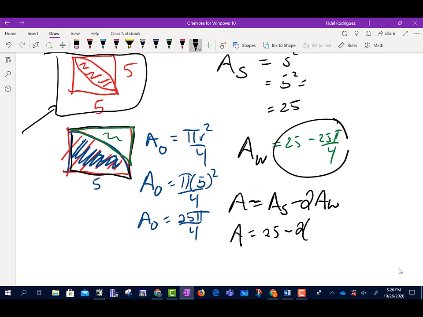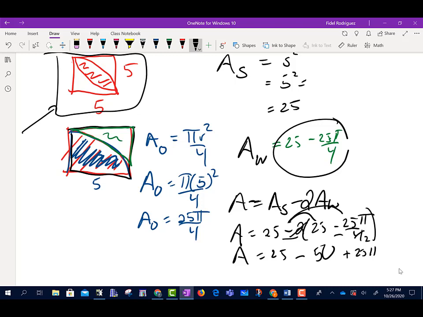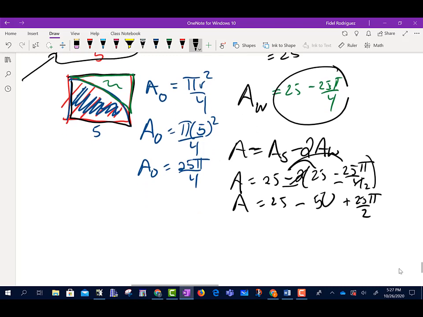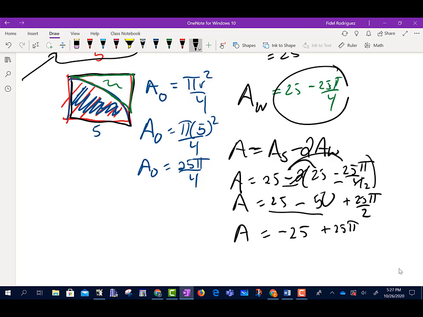So let me kind of move it here. 25 minus 25 pi over 4. So this is going to be 25 minus, let's see, 2 times 25 is 50. I'm going to multiply that by a negative 2. So a negative and a negative is going to be a positive. This 2 here will reduce with that 4 and give me a 2. That's a 25 pi over 2. Okay. And so that's now going to be equal to, these can combine, a negative 25 plus 25 pi over 2.